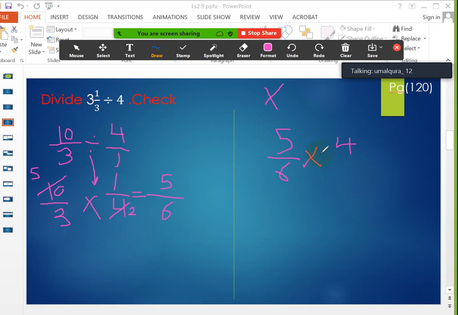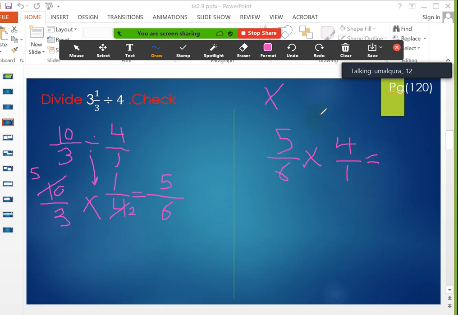So if I want to multiply, let's find the multiplication. Yes, Lamar. Open your mic. First thing, I want to write this 4 as a fraction. It will be what? 4 over 1. Very good. 4 over 1. I want to multiply the numbers.